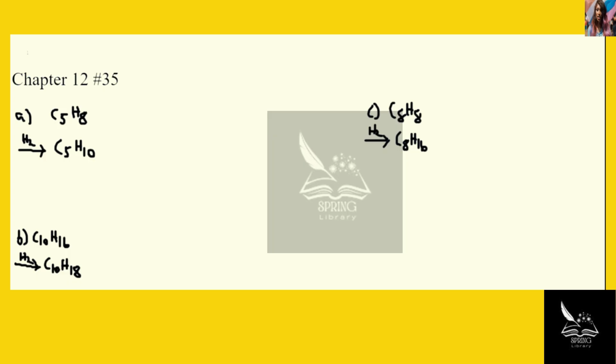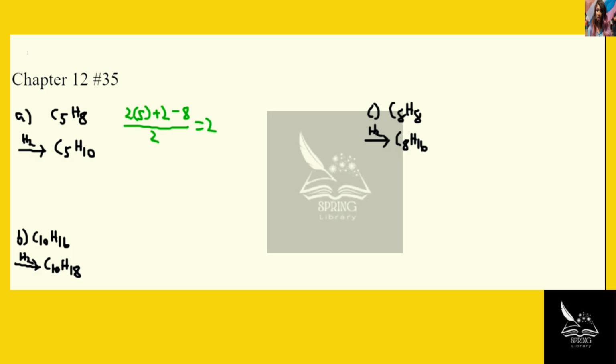So for example, for A here, I'll put my answers in green. To calculate the hydrogen deficiency index, it's going to be 2 times the number of carbons, which in A is 5, plus 2 minus the number of hydrogens, which in A is 8, and then all of that divided by 2. So we have 12 minus 8 is 4, over 2 equals 2.